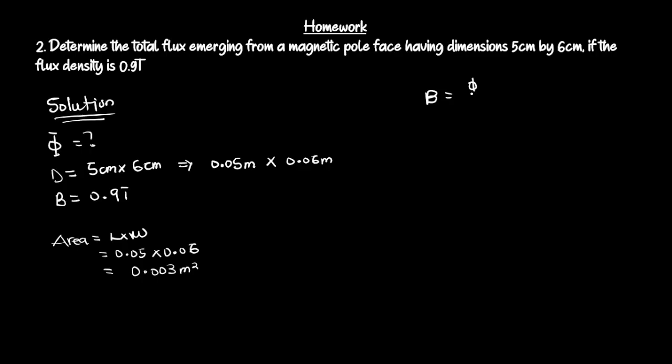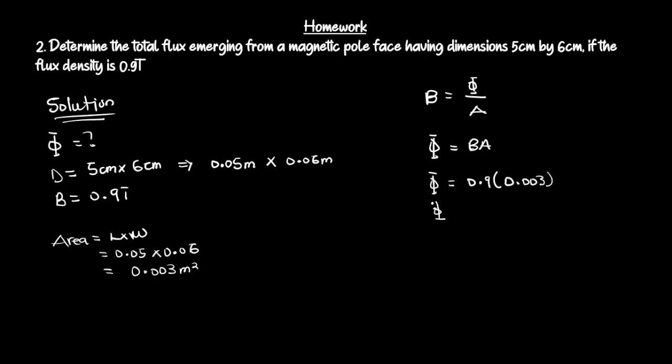Okay, so now that we have the area, we know that the magnetic flux density B is equal to the magnetic flux phi over the cross-sectional area. So if we want to find phi, the magnetic flux, we make flux the subject by cross multiplying, and we'll have phi is equal to BA. So our phi will be equal to the value for B, 0.9, multiplied by the area, 0.003.